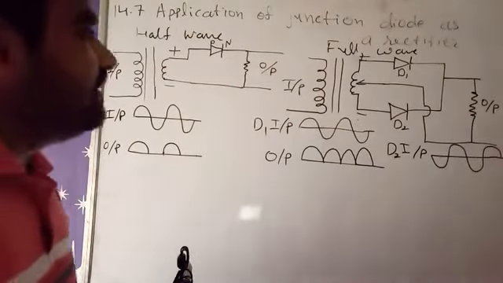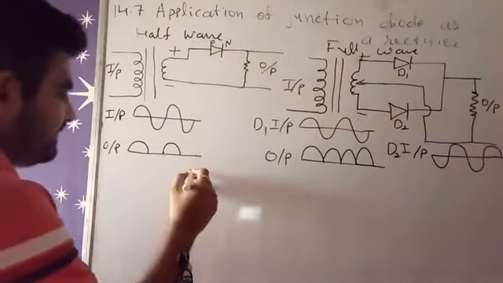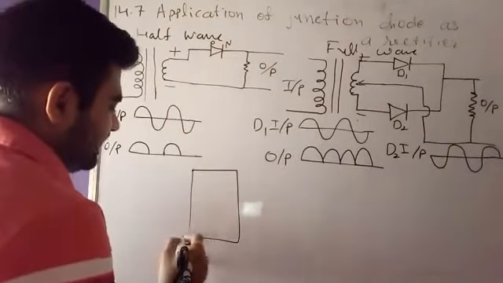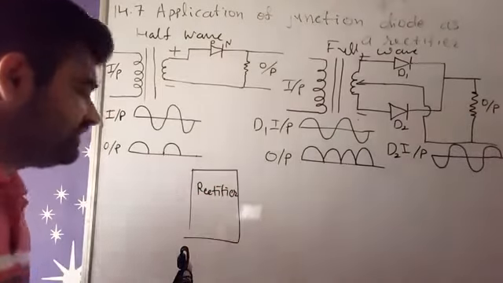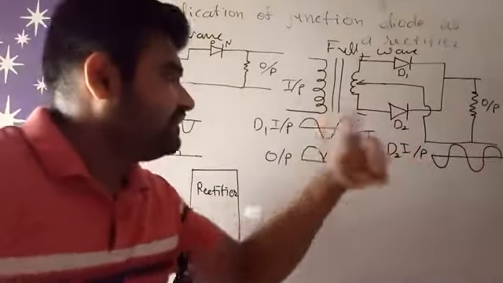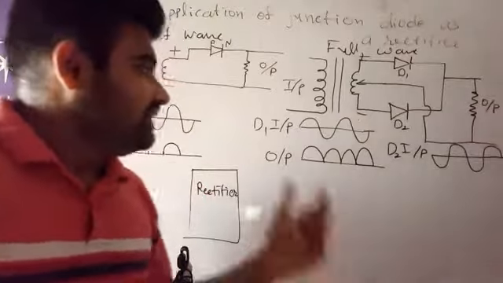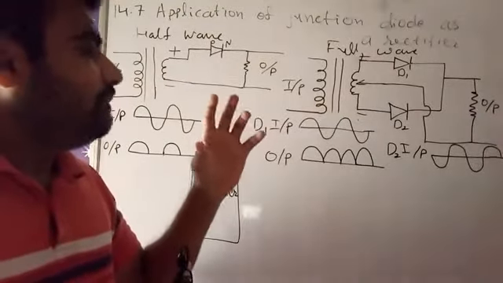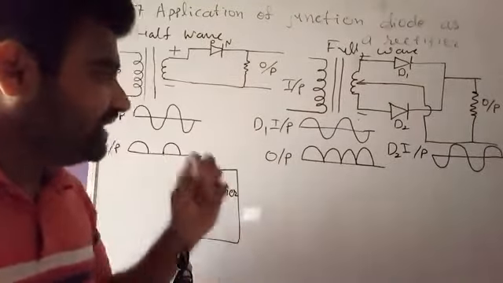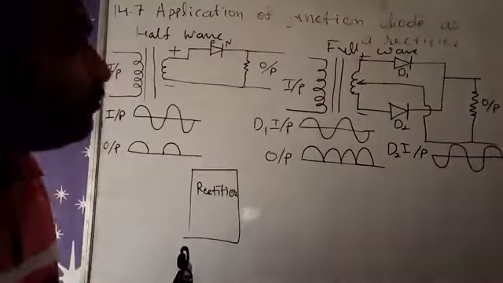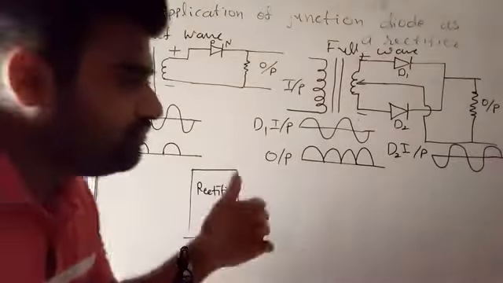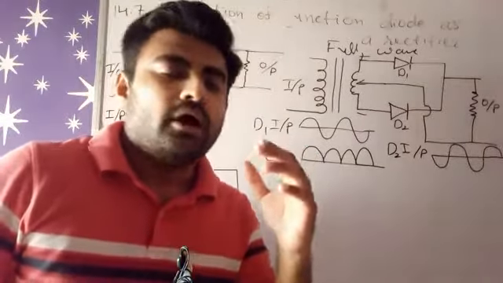Now we have one filter circuit. For example, we have used the full wave rectifier. After we get the output from this rectifier, we still have some projections of alternating current. So we have to filter it, we have to remove those projections of alternating current.